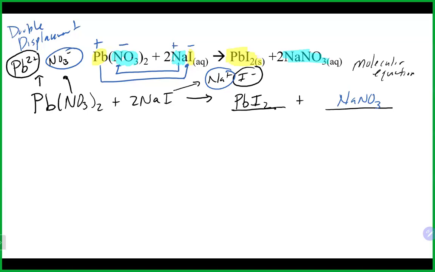NaNO3. I can't tell you how many people, if they were given this, will write something like Na2NO32 because they're trying to balance and write the formula at the same time. So remember, you don't want to do that. You want to get the formula correct, just like you were doing nomenclature and naming.